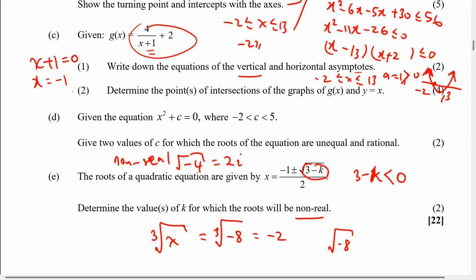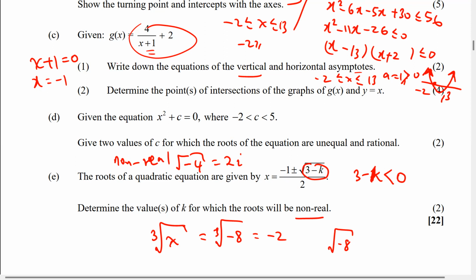So, write the equation of the vertical and horizontal asymptotes. For undefined cases, the denominator would be 0. We force it because we can't divide by 0 in mathematics. Division by 0 is problematic, but also division by 0 produces asymptotes. So if we want to find the asymptotes, we force the denominator to become 0.